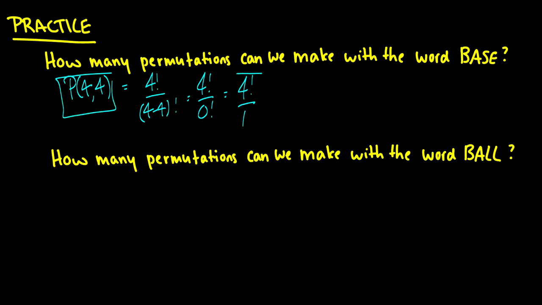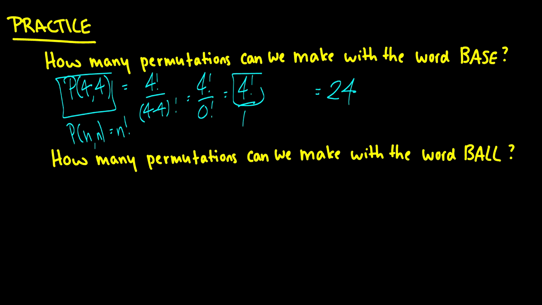So when we do the full thing, if we have P(n, n), this is the same thing as just saying n factorial. So this is just going to be 24, because that is what 4 factorial is equal to.